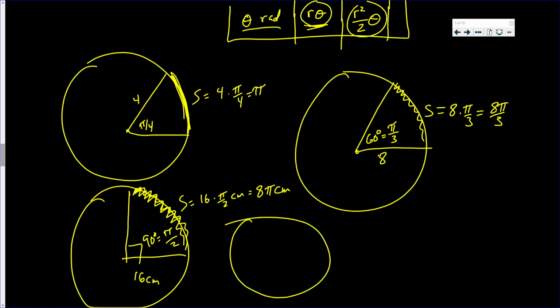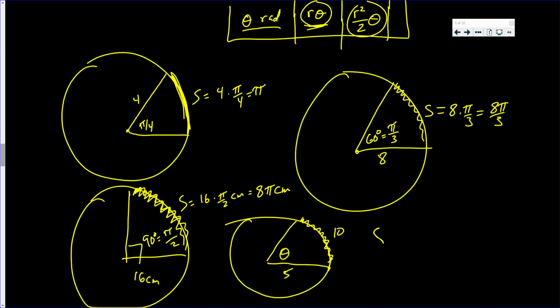Suppose that you were told that the radius is 5, the arc length is 10, they want you to find theta.